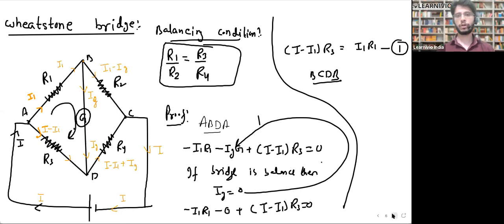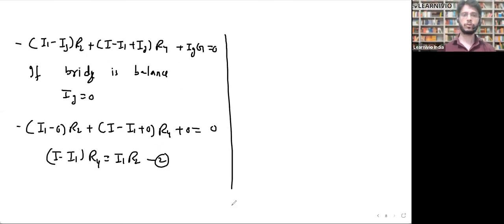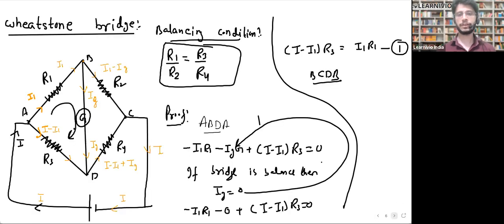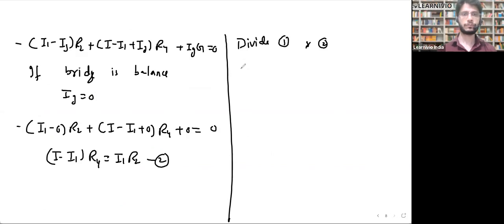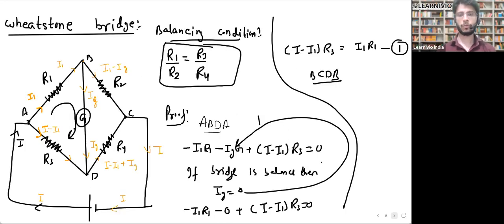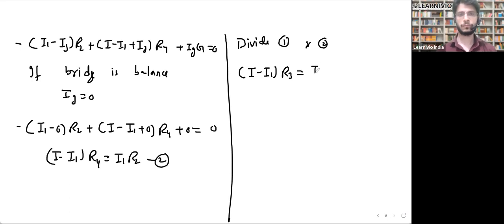So this is equation number 1 and this is equation number 2. You can get the ratio by dividing 1 by 2. So that's I minus I1 into R3 is equal to I1 R1, divided by I minus I1 into R4 is equal to I1 R2.